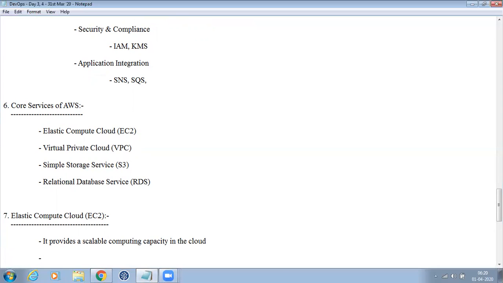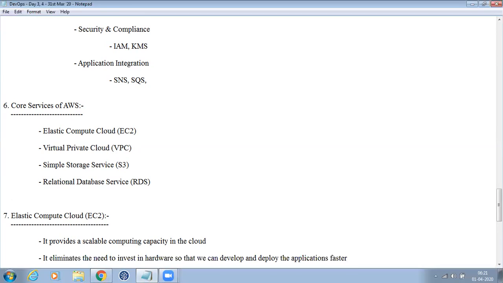Now, it eliminates the need to invest in hardware, so that we can develop and deploy applications faster.